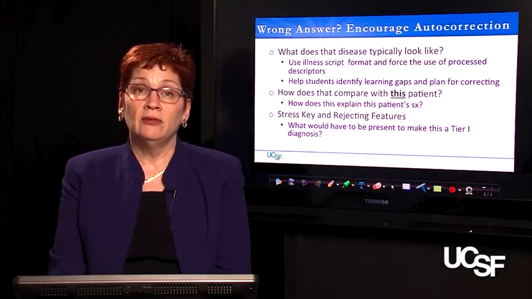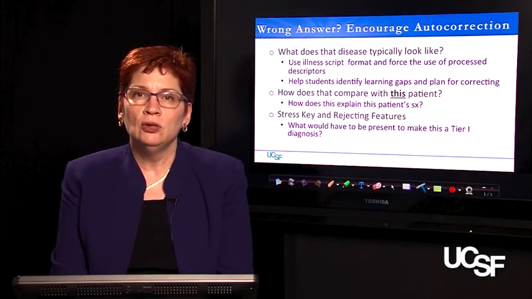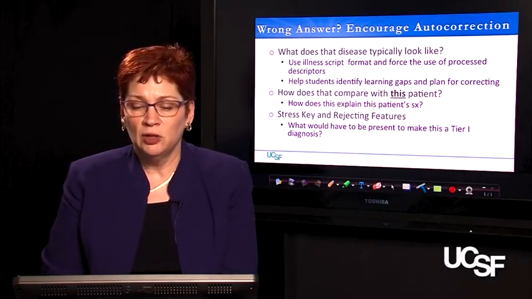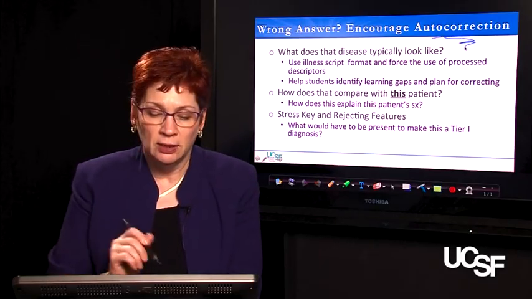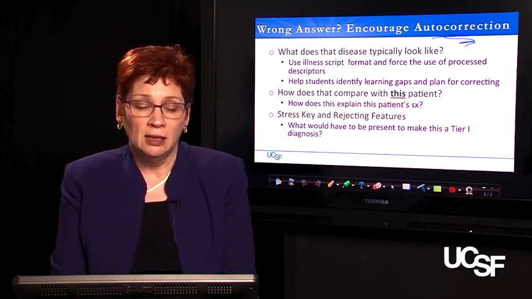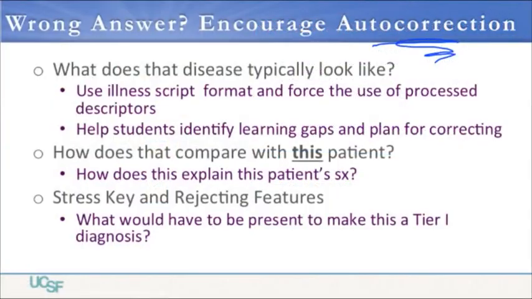Again, if they give you the wrong answer, rather than giving them the fish, teach them how to fish. And teach them how to fish by encouraging what I call autocorrection. So ask them, when they venture a disease that seems not likely, what does that disease typically look like, and force them to use the illness script format and the process descriptors.